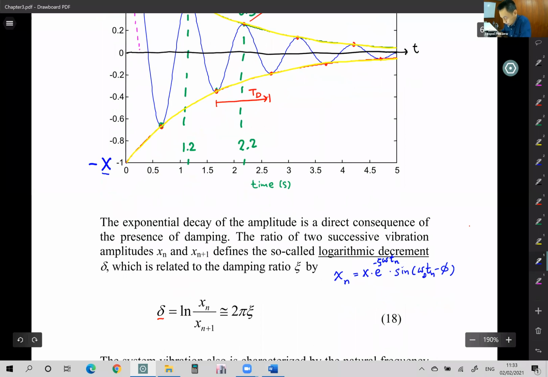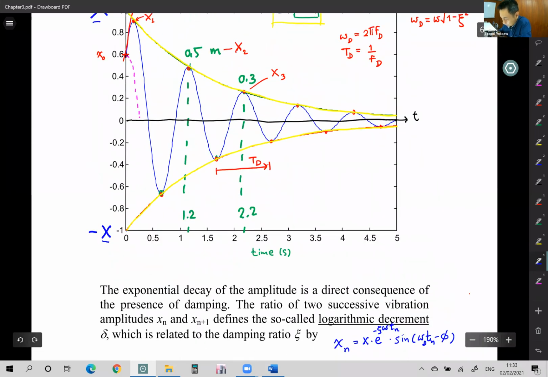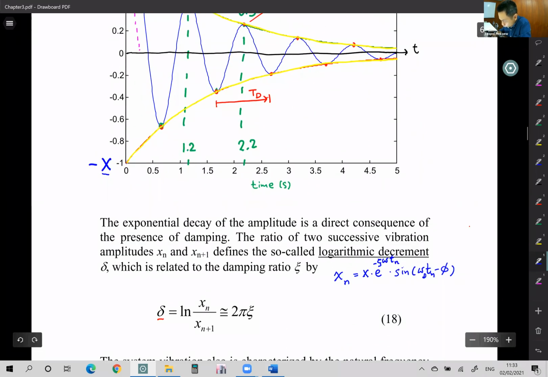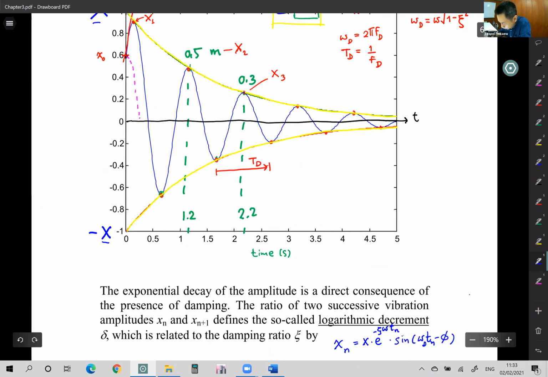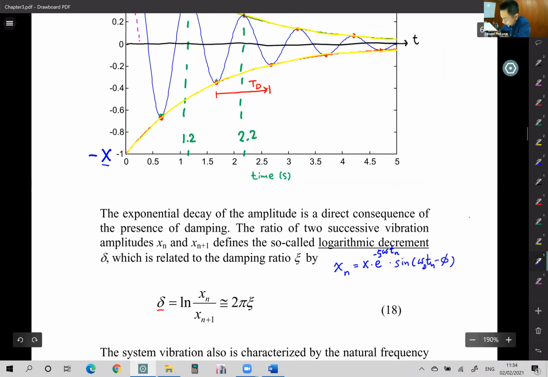Remember, I'm talking about the positive amplitude. The amplitude will happen here and there whenever the sine function equals exactly 1. Therefore, the term here equals 1, no doubt, because you're talking about the amplitude, and the amplitude occurs when the sine function equals 1.